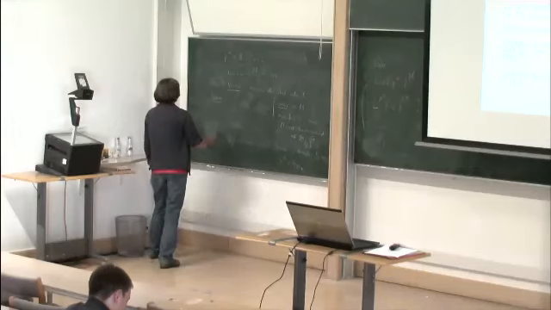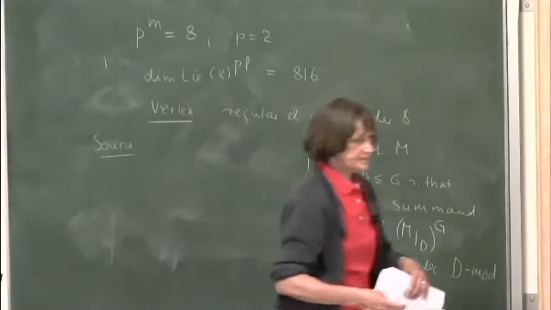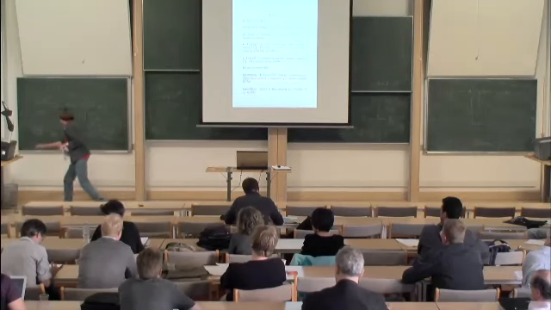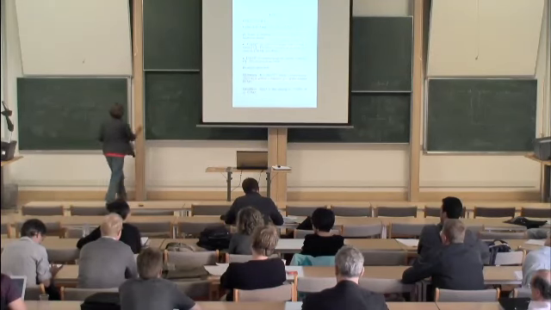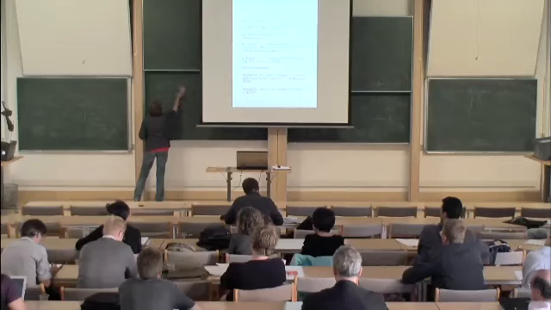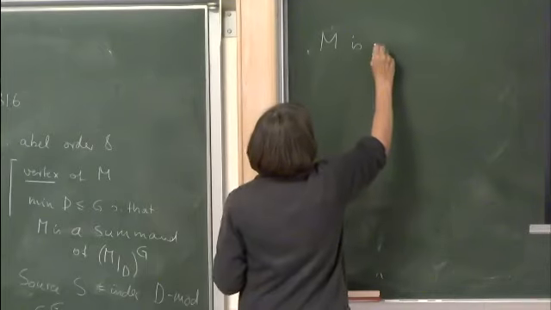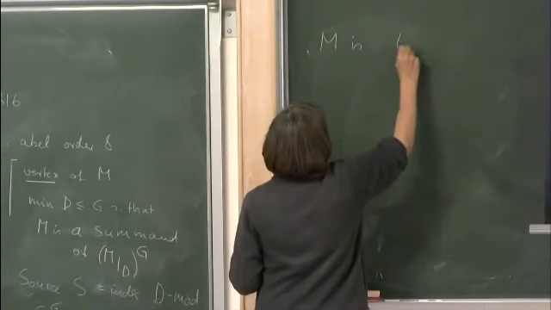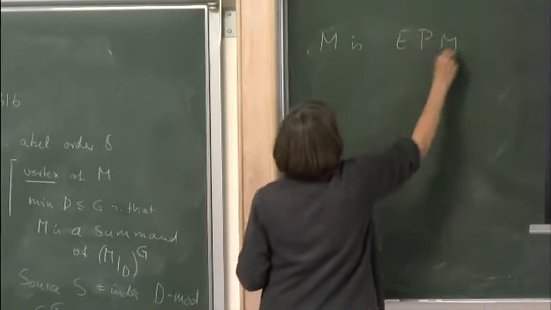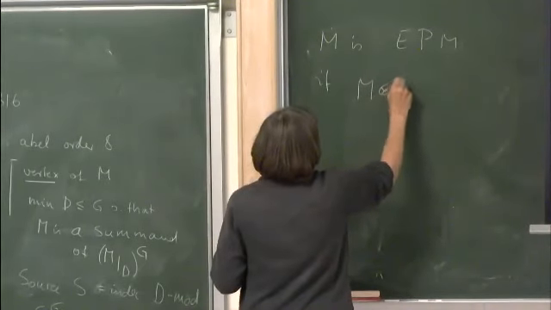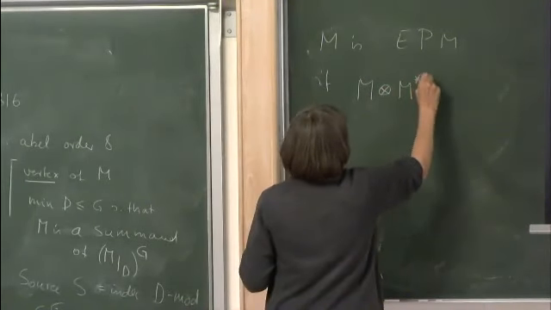And yeah, what is an endopermutation module? So M is an endopermutation module, EPM, if the module M tensor M star, the dual, is a permutation module.